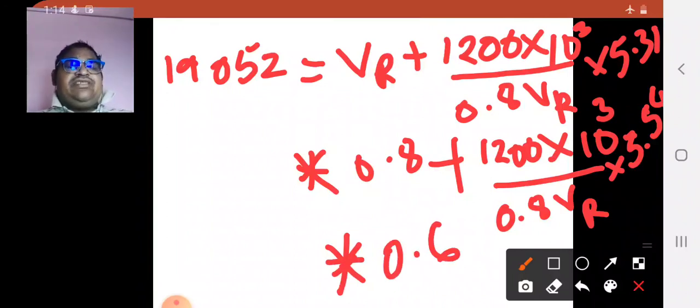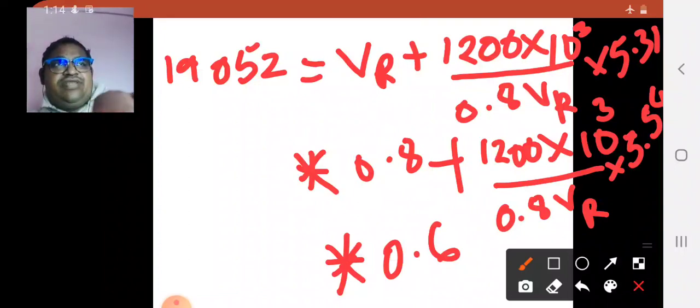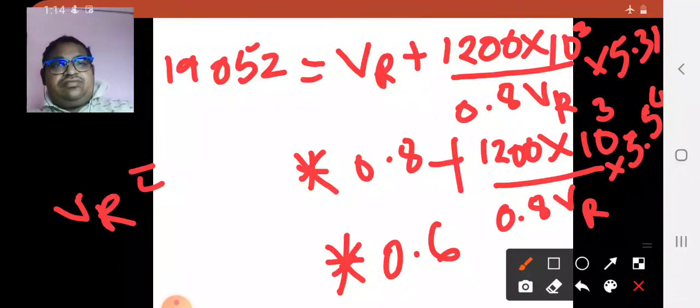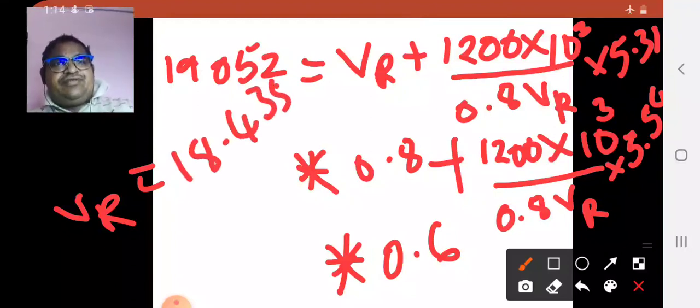Okay, now you can see this equation. It is a quadratic equation of VR. Now you solve this equation and you will get the value of VR. That is VR is equal to 18.435 kilovolts.